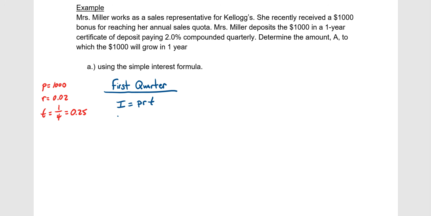So let's just plug these values in. That's 1,000 times 0.02 times 0.25, and plugging that into a calculator, we end up getting 5. So the interest is actually just $5 after the first quarter.